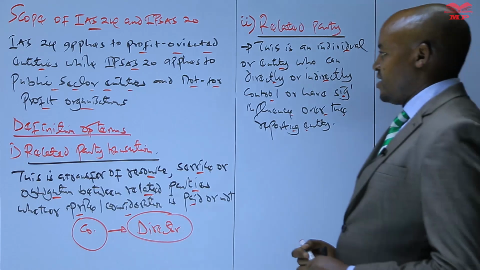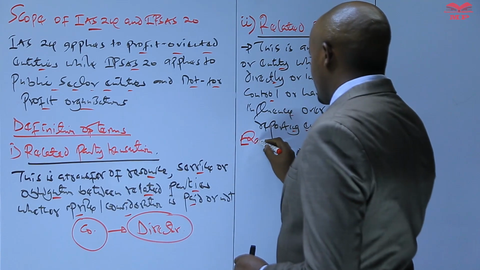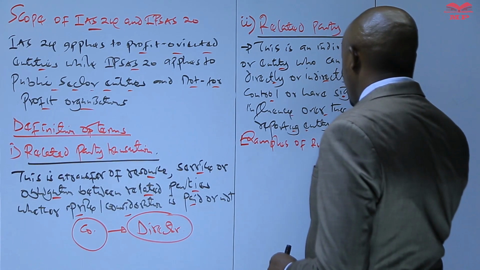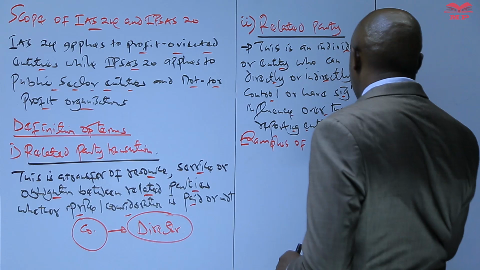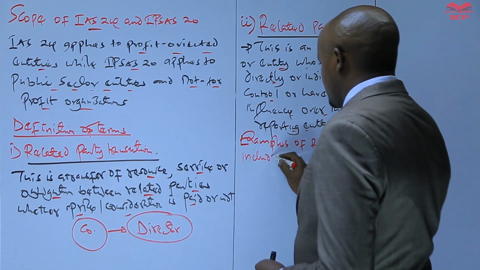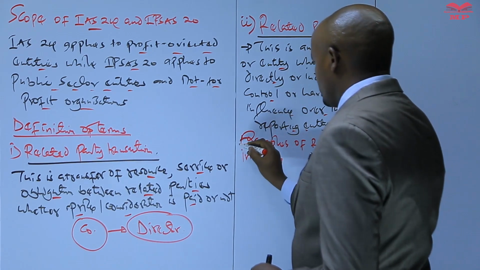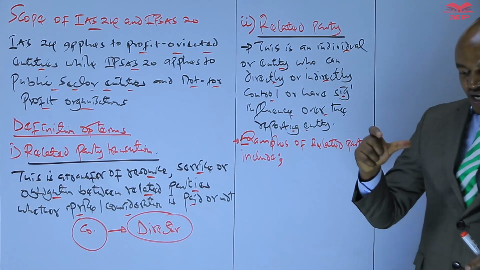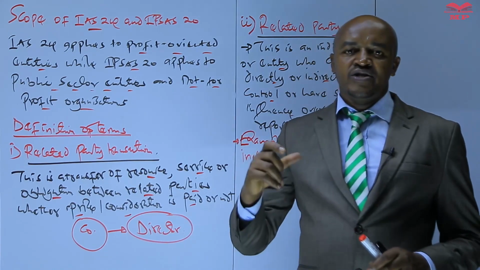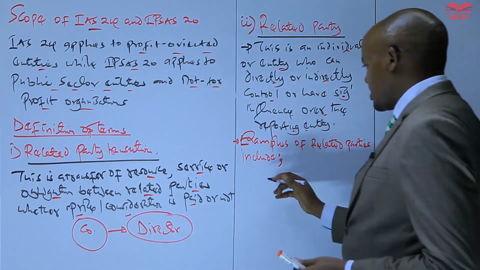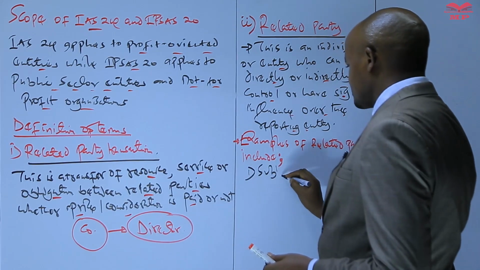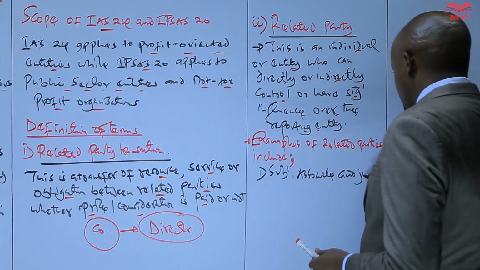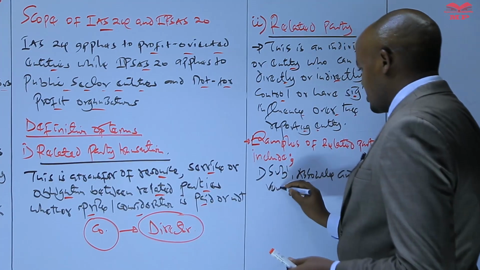Now in this case we have good examples of related parties. Examples of related parties include, number one, a subsidiary, associate, and joint venture.